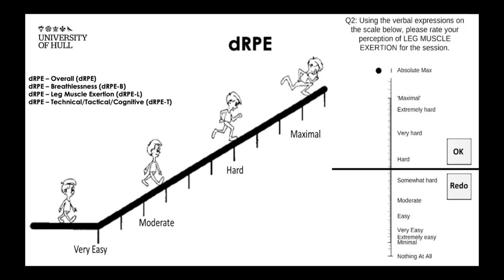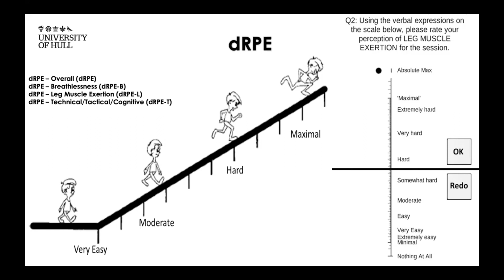Each player had their own login, their own number that coincided with their name. They got asked 4 questions. They got asked their overall RPE. They then got asked their DRPE-B, which is breathlessness, DRPE-L, which is leg muscle exertion, and then DRPE-T, which was technical, tactical, cognitive. Each player gave a rating, and then that went through to a cloud.